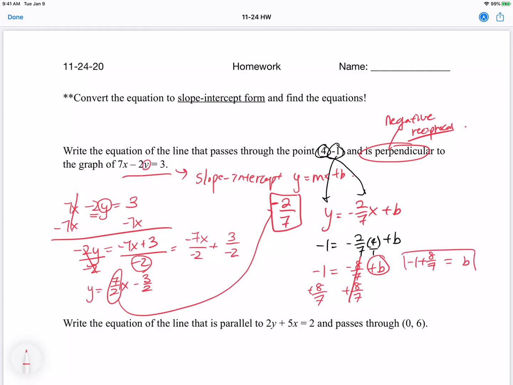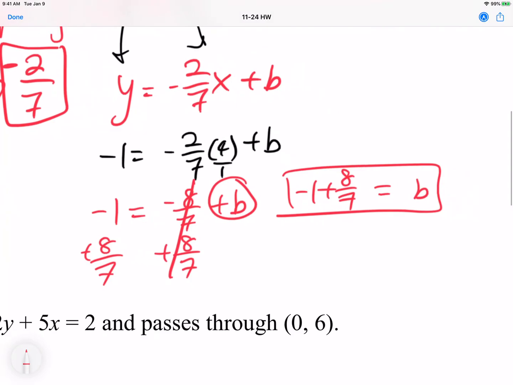For those of you who do not understand how to add fractions, here's what we do. 1 is simply a number, but you can always represent it as a fraction. If we want a denominator of 7, we can convert this -1 into -7 over 7, because that's a form of 1. Plus 8 over 7 equals b.